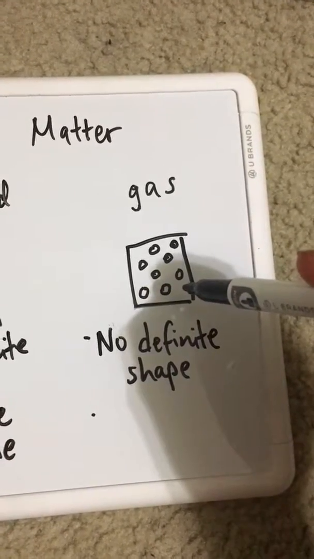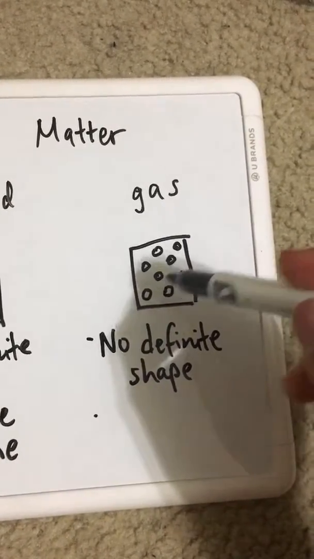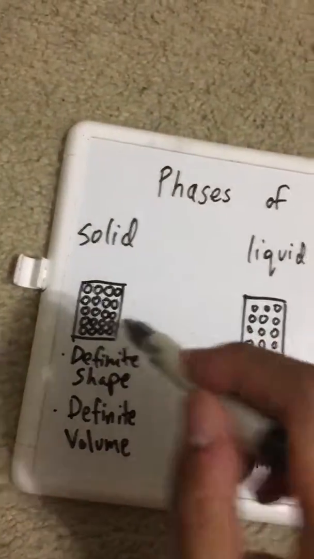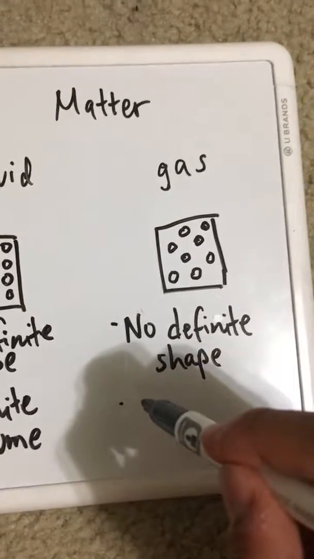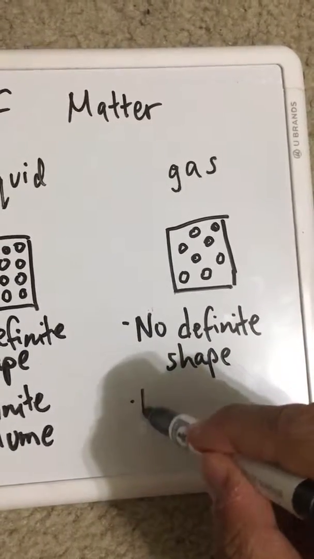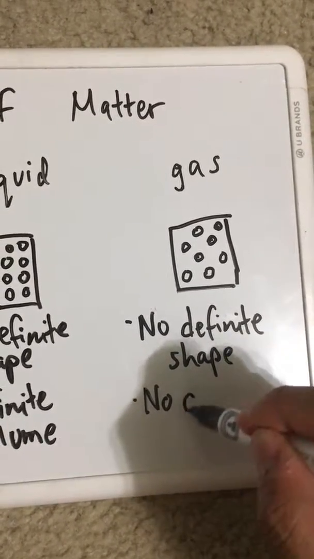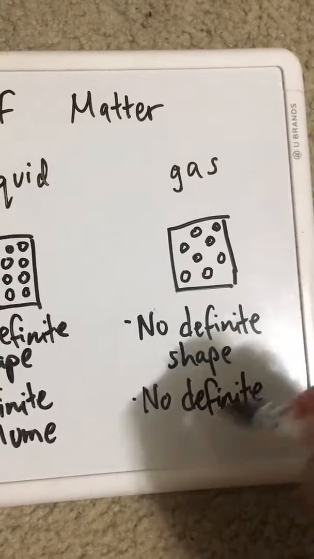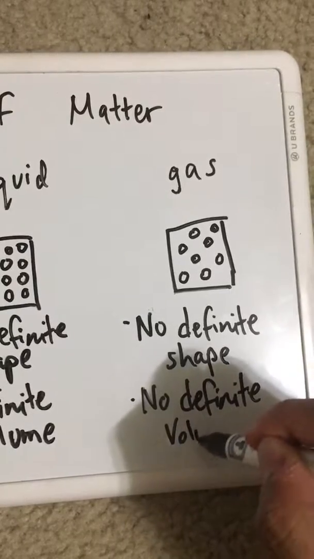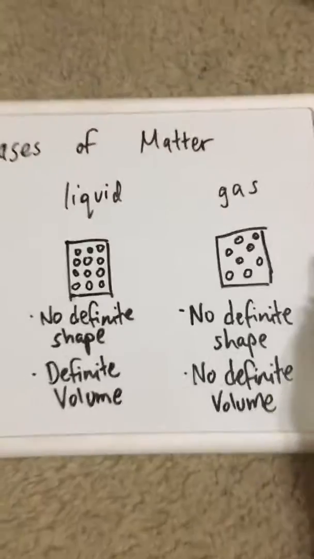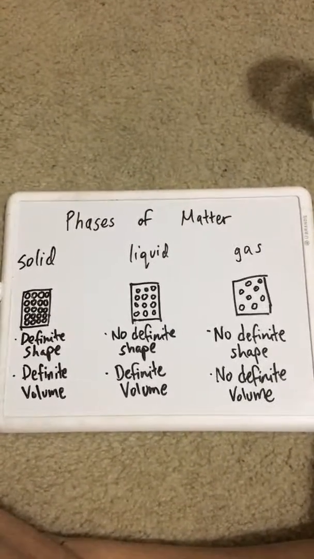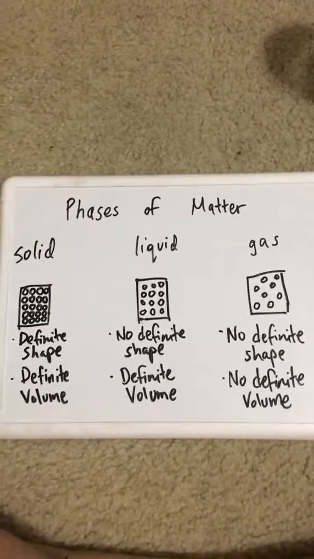As you can see, the spacing between the atoms is super far apart compared to the liquid and compared to the solid. And so it also has no definite volume. And so now we have a general idea of each phase of matter.